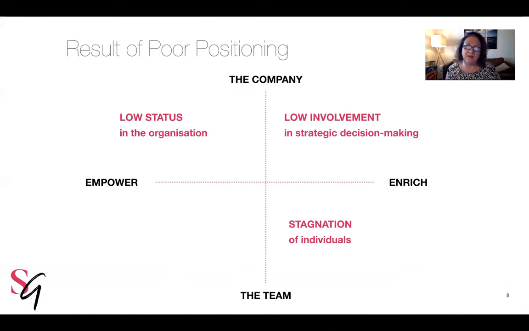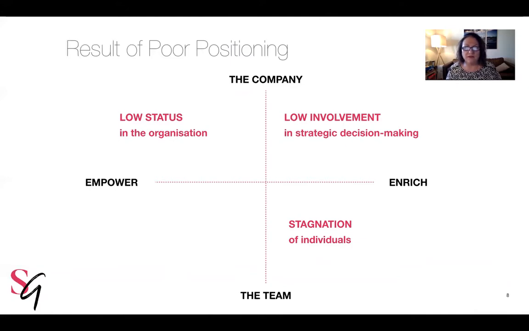In terms of the team, we've got stagnation of individuals. So once the individuals are not stretched, all of us here on this webinar, and everybody that I work with, obviously, we're white collar working professionals, people who like thinking, who like making a difference, who like working out puzzles and being stretched and growing as professionals and as people.